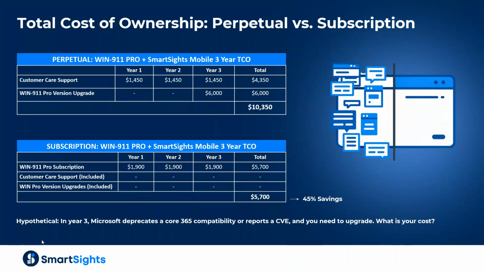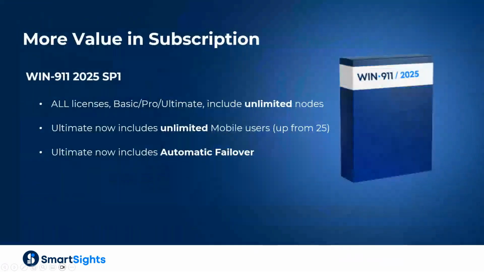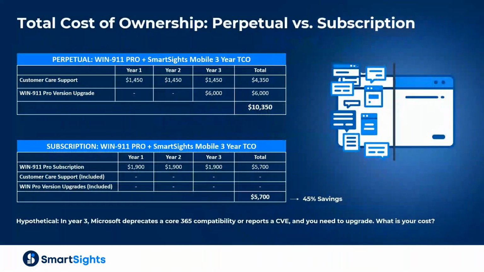So in the end, it's not a technology conversation, it becomes an operational risk conversation. The math shows that subscription is a more predictable path for your budget, but beyond the cost savings, I want to talk about the immediate ROI of what you're actually getting for that investment.